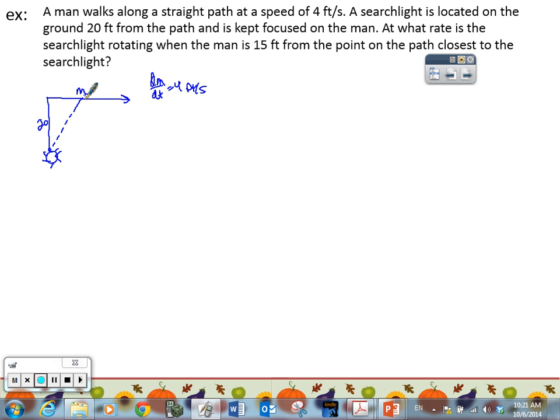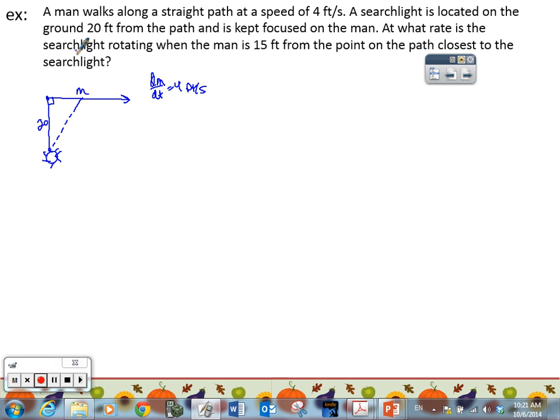At what rate is the searchlight rotating when the man is 15 feet from the point on the path closest to the searchlight? Okay, well this would be the point on the path closest to the searchlight at a right angle. We have a fancy theorem about that, but I'm sure that's pretty much logical, intuitive for you. That is the point closest.